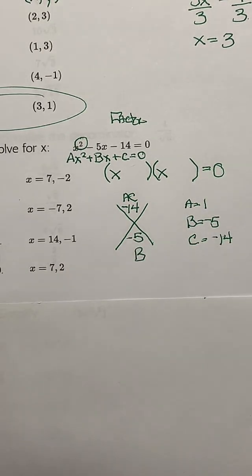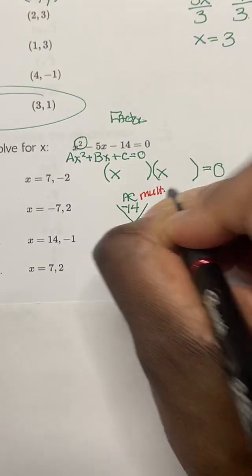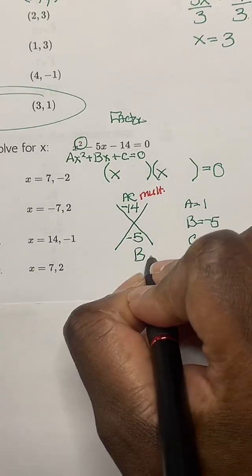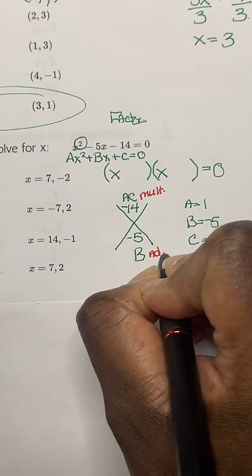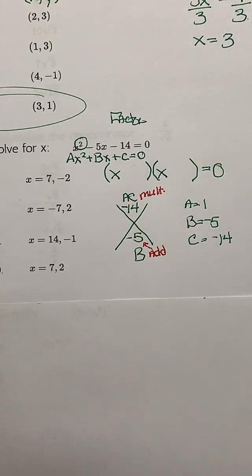So now I need to think, what two numbers multiplied will give me -14, and the same numbers added together will give me -5? So we got -7 and 2, 2 and -2, 7 and -2, -7 and 2. You're saying none of the above. Careful, Stefan.